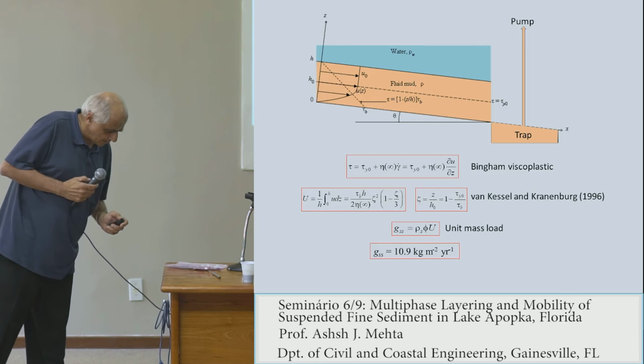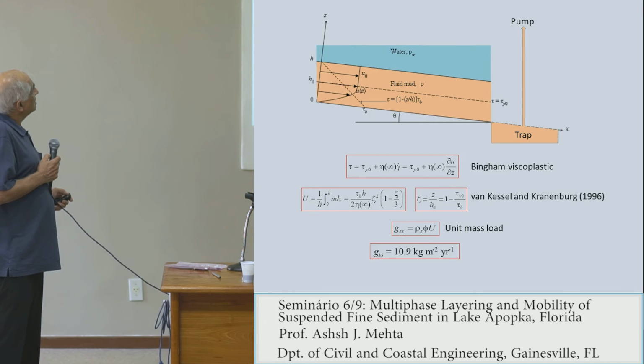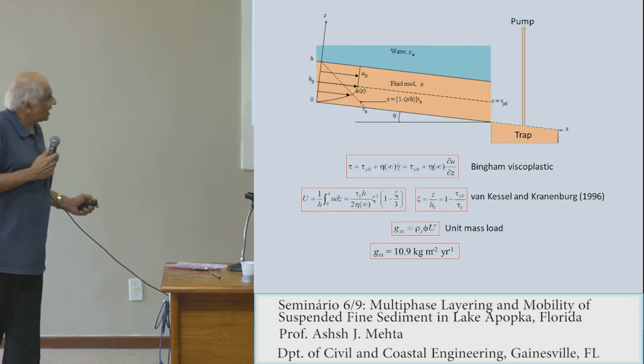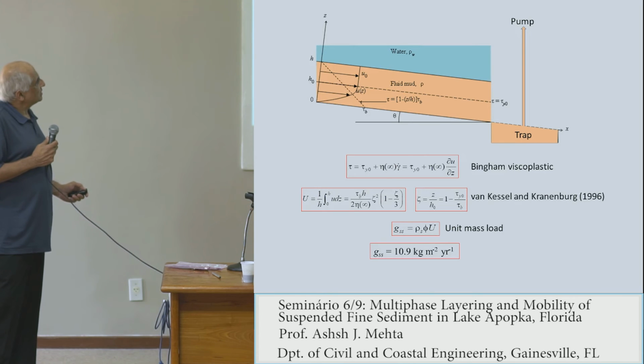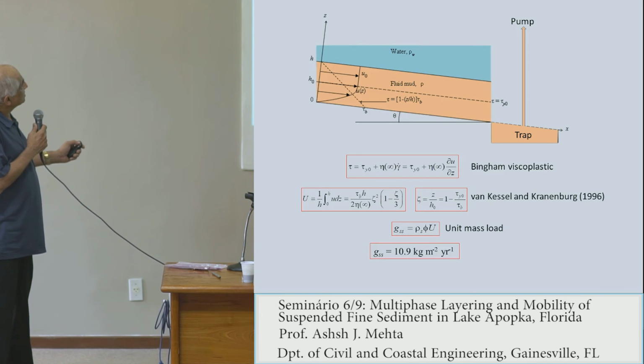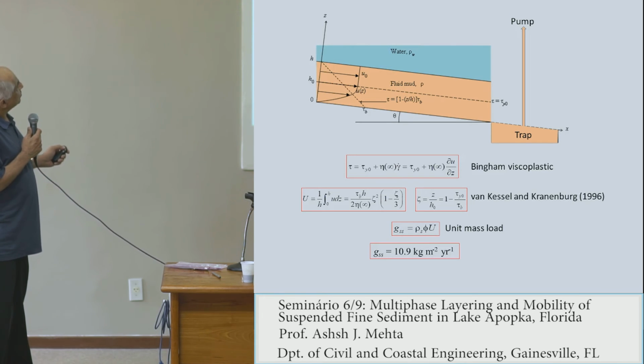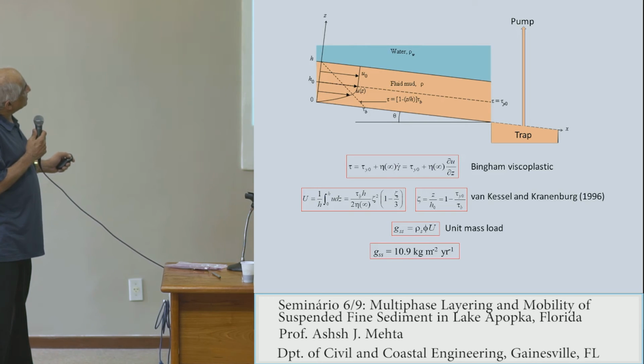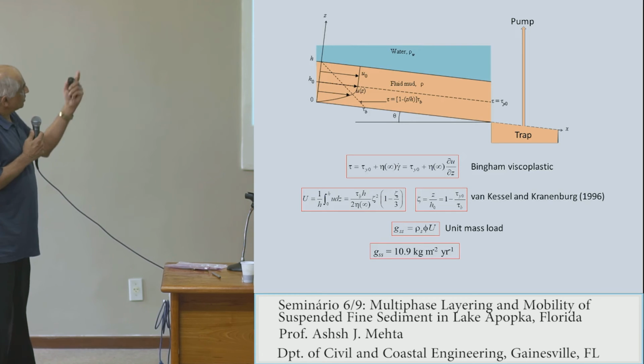So this is my last slide, and this equation has been solved by Van Kessel and Kranenberg. It's a really nice paper where they have provided an equation for this function here. So once you know the velocity, you multiply that by the density rho, and you get the load.